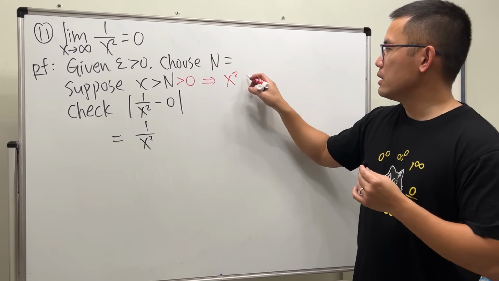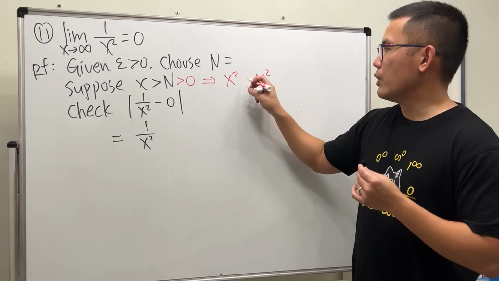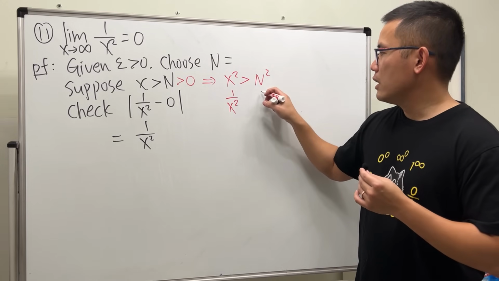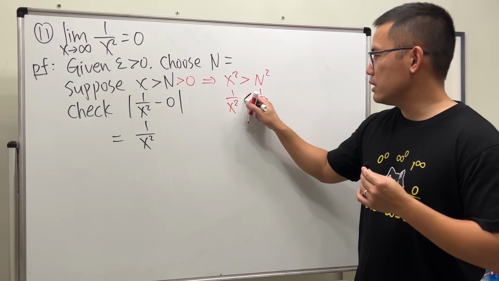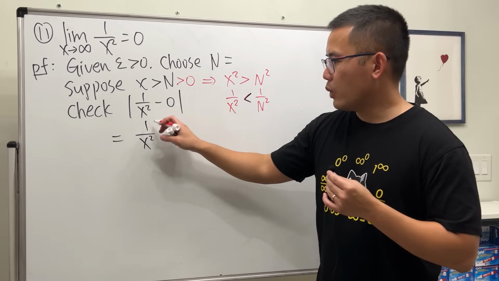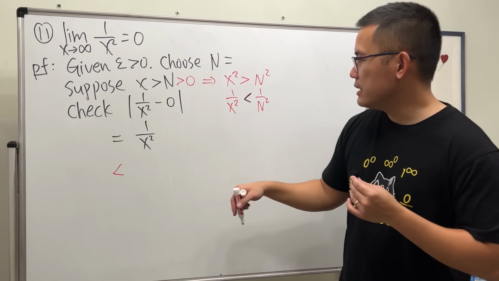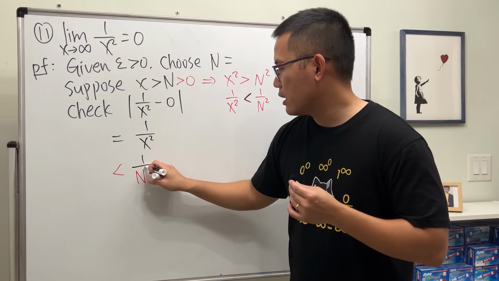X squared compared to N squared, they're both positive, so it's greater than. Take the reciprocal, 1/x squared, 1/N squared. This is the inequality, less than. So we can say 1/x squared is less than 1/N squared.